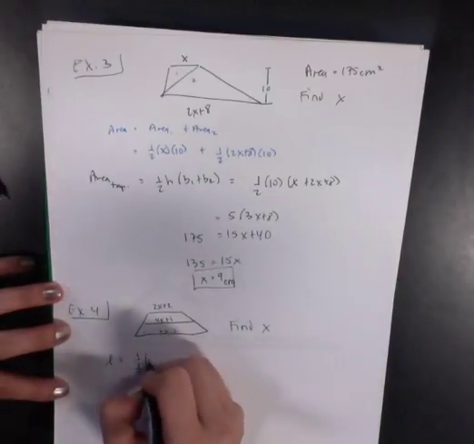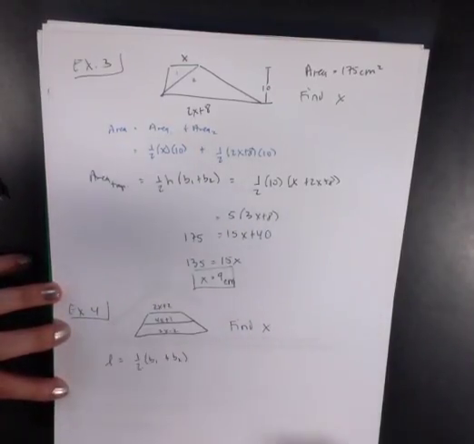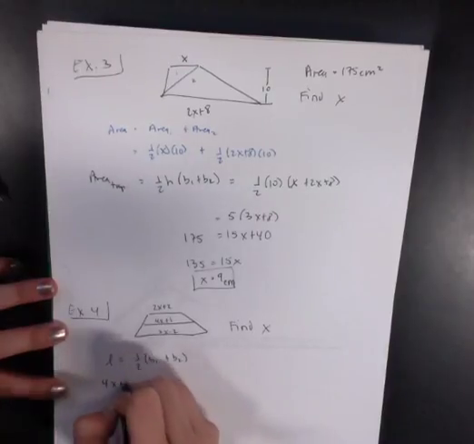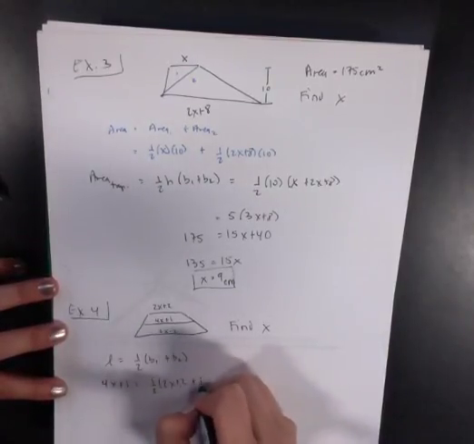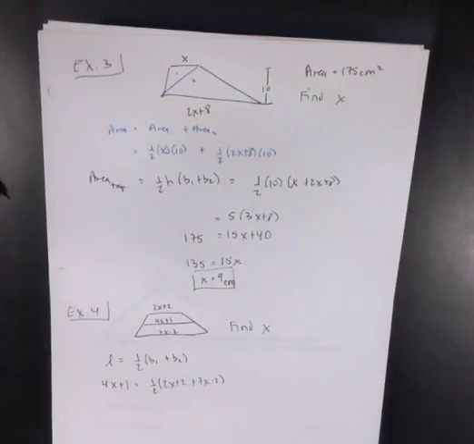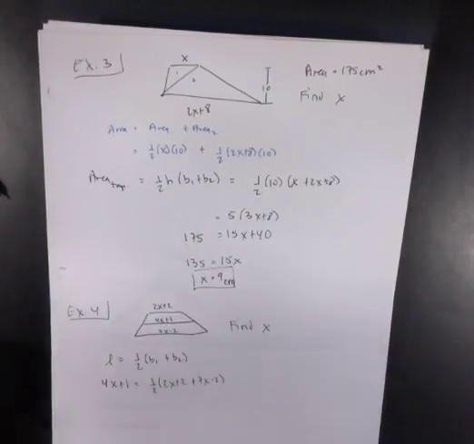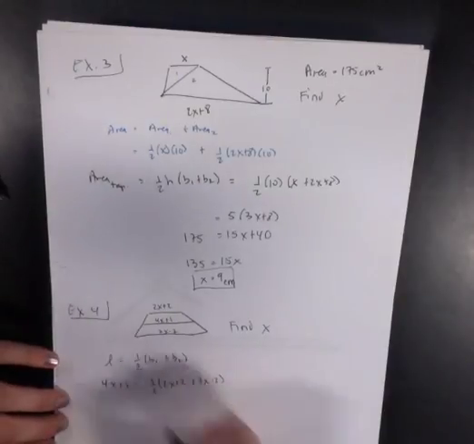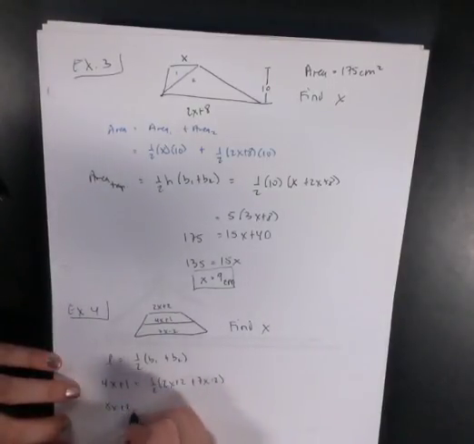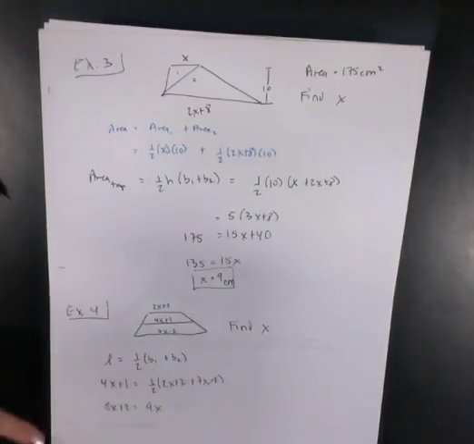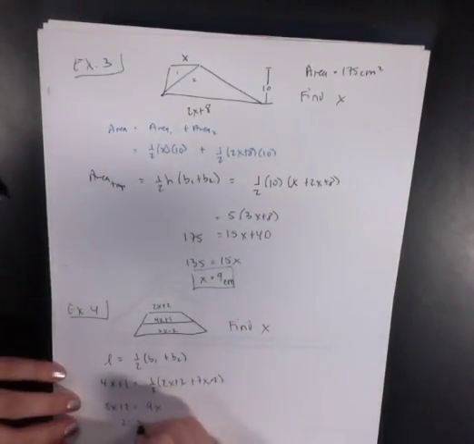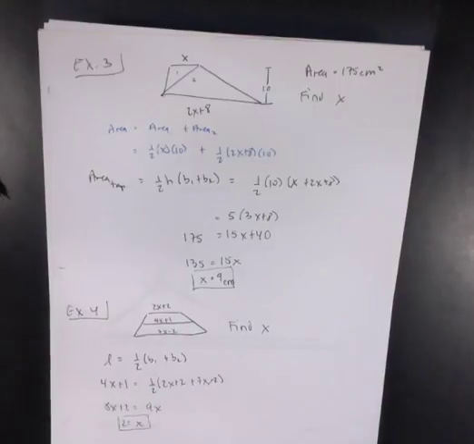L is 1/2 base 1 plus base 2. So my L in this case, 4x plus 1, is 1/2 times 2x plus 2 plus 7x minus 2. All you have to do is memorize the formula and plug it in. Now I'm going to multiply everything by 2, so I get 8x plus 2 equals 9x plus 2 minus 2, which cancel. So then 2 equals x. Ta-da!